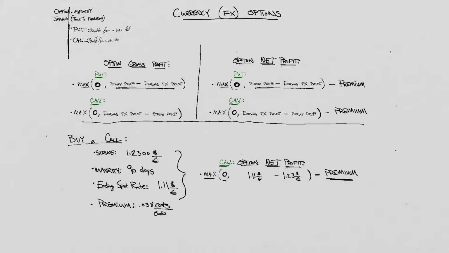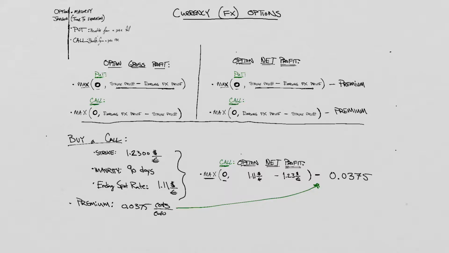And so all we need to do to calculate the net profit, or in this case the net loss, is to subtract out that 3.8 cents premium. And now this number is actually rounded, so I'm going to say it's 0.0375.